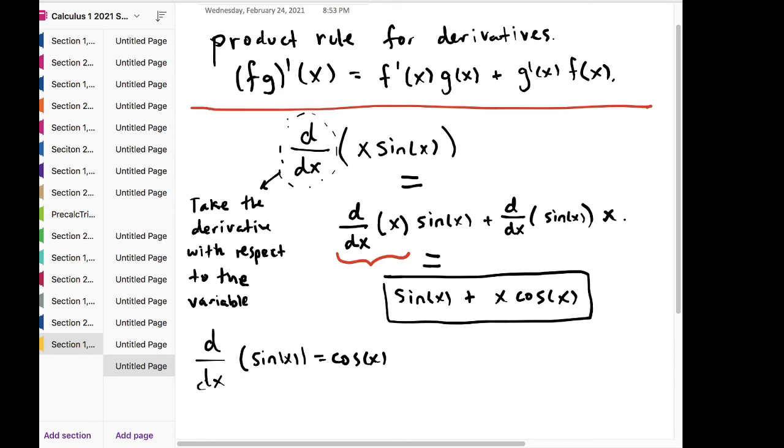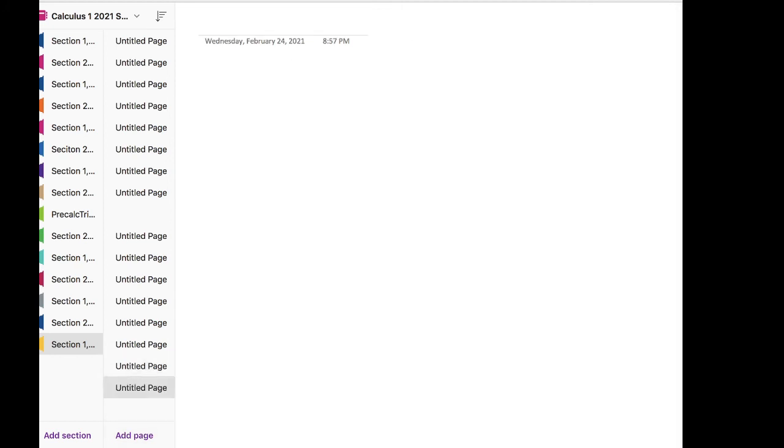Okay, just to add to our repertoire of derivatives, let's find the derivative of cosine. So if we recall how we found the derivative of sine was by the difference quotient. So let's do the same thing for cosine.